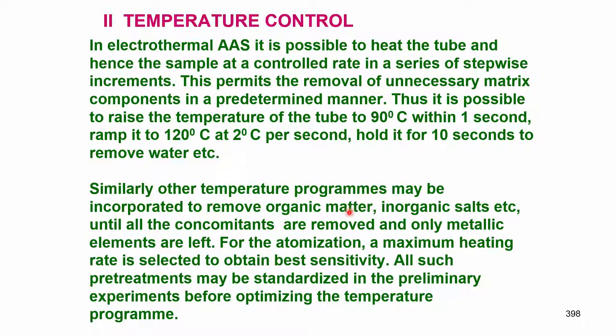Suppose I am analyzing an organic compound like milk powder. So, milk powder mostly will be organic material only, lactose, carbohydrates, proteins, etc. So, I can dissolve it and put that sample in the graphite tube, heat it to 90 degrees, and then all the water will go.